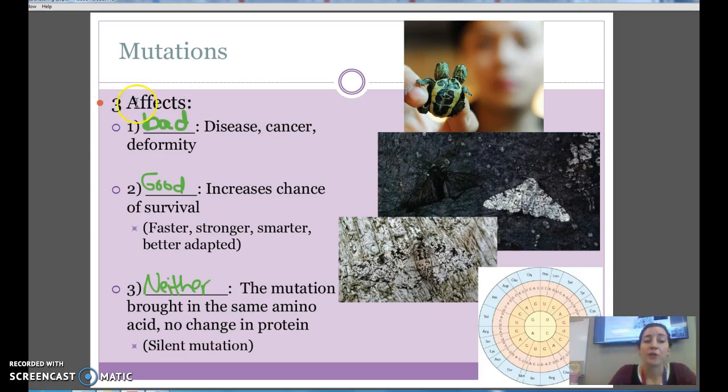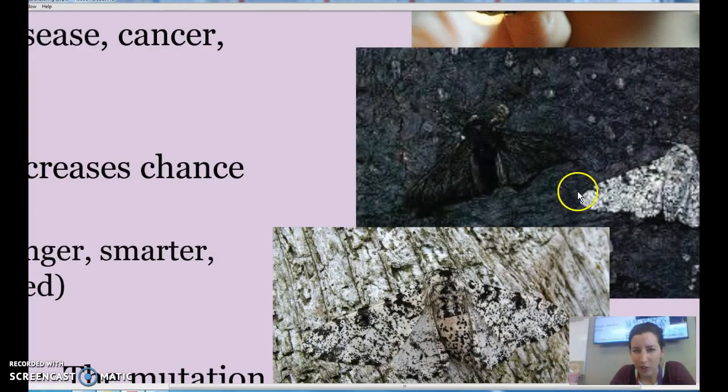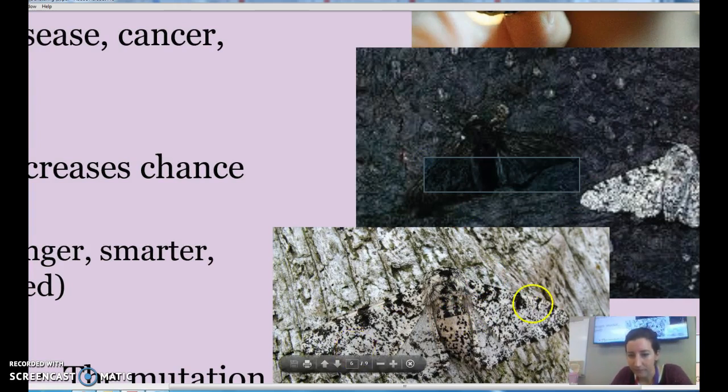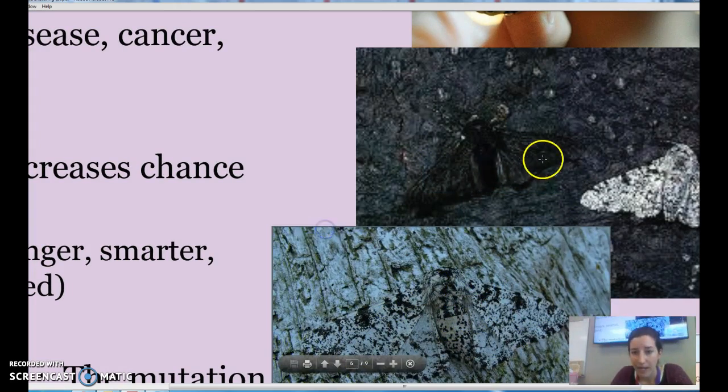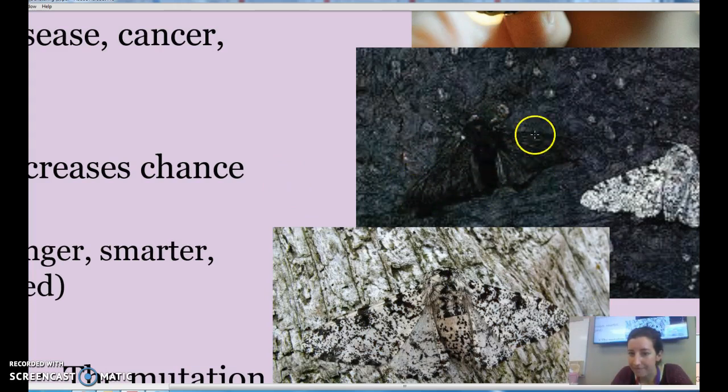Okay, there are three effects of a mutation: bad, good, and neither. A bad mutation will cause disease, cancer, or deformity. A good mutation would increase the chance of survival of that organism. So if you look really closely, can you see it right here? Can you see it? And then, can you see that?